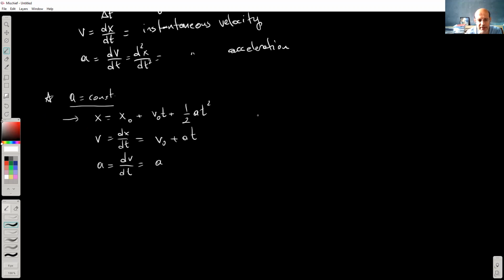Probably I should have used a different symbol in here, but in any case, x0 is the initial position, and v0 is the initial velocity, and 0 is the initial time.